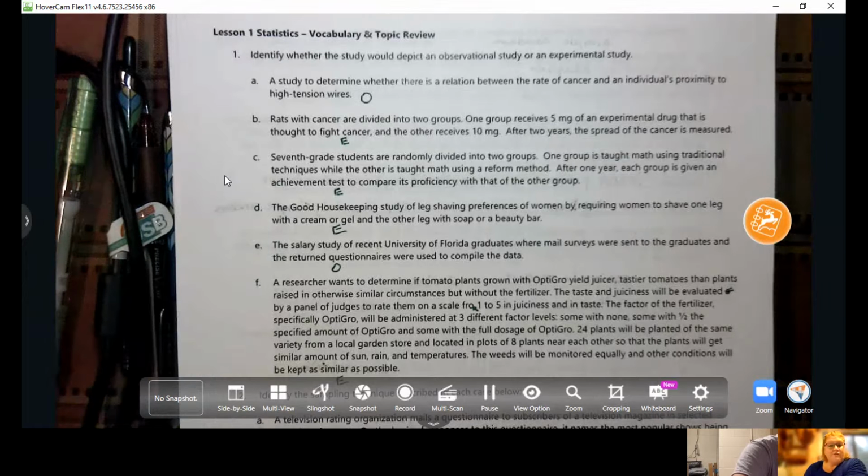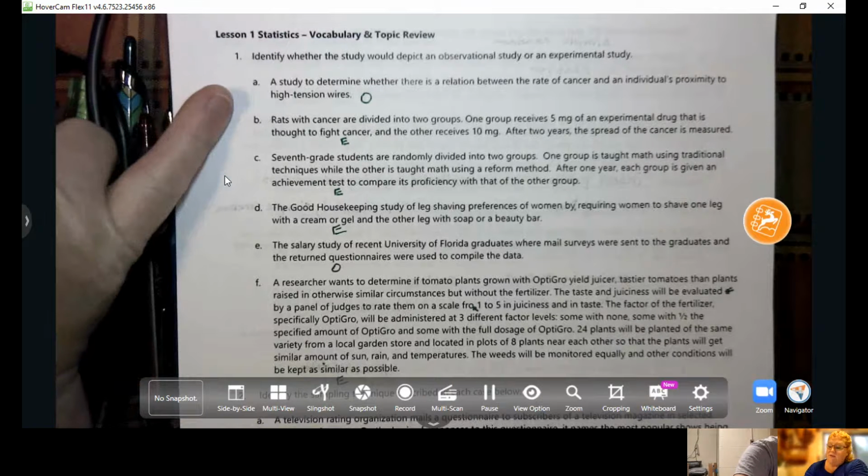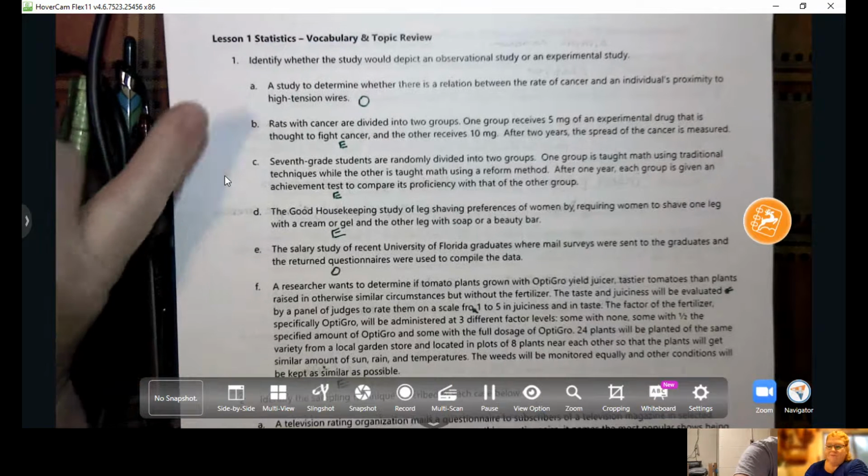First situation, just for an example, a study to determine whether there's a relation between the rate of cancer and an individual's proximity to high tension wires. That would be an observational situation.